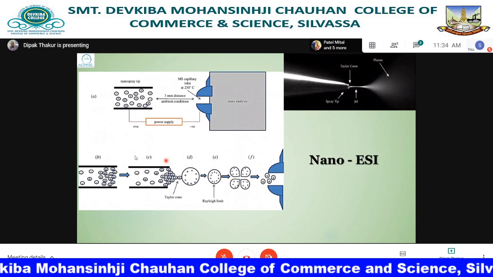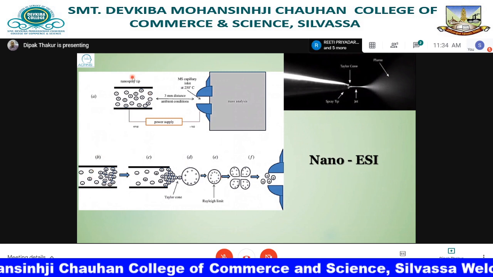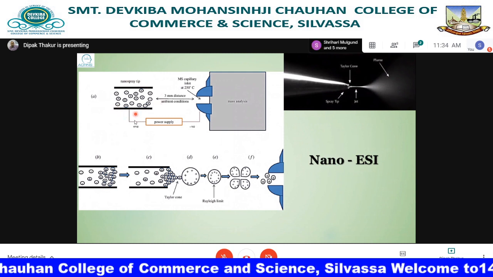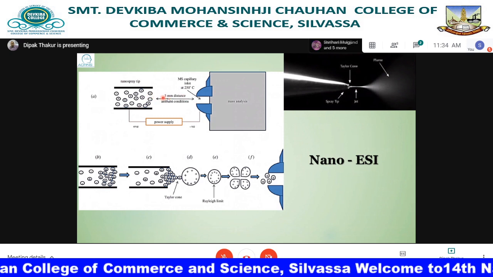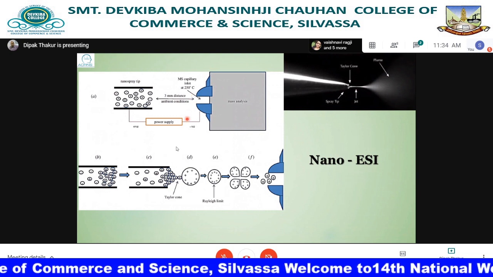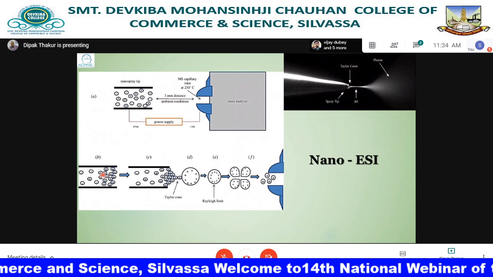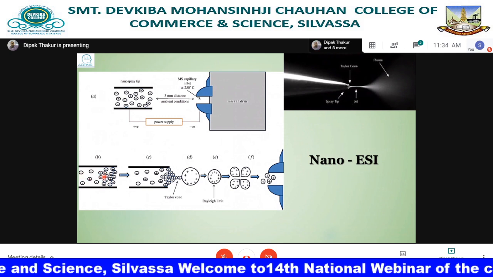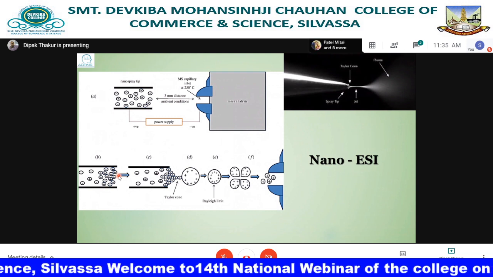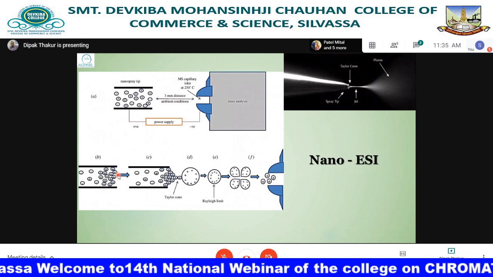Let's look at this picture on the left hand side. This is a nano spray, you apply voltage to it, and you have the mass spectrometer here. What happens in conventional electrospray ionization? In chromatography, these molecules are separated. The separated molecules come out of the capillary column, and there is a tubing connected to it, and through it, to a capillary, a metal tip.